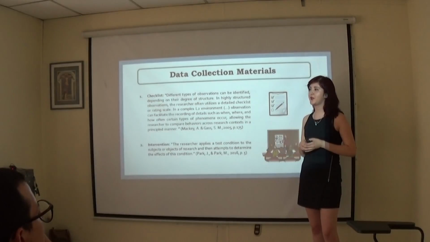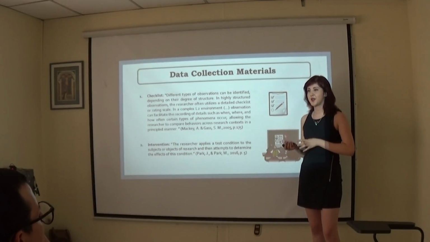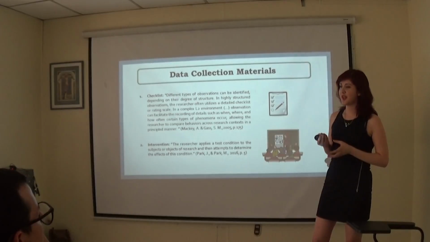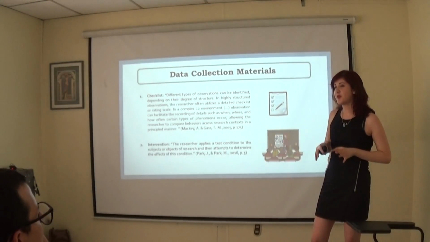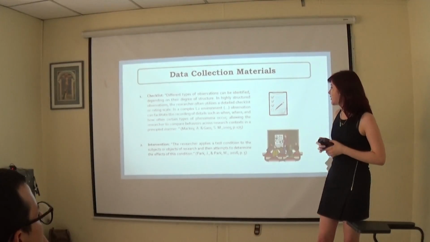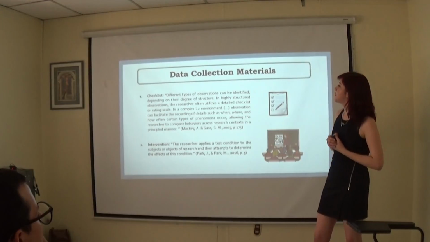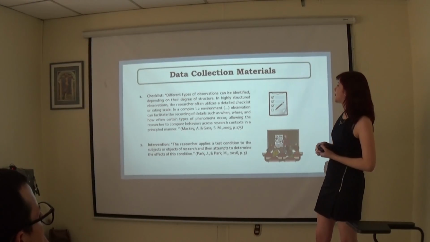The data collection materials. To fulfill the previous objectives that I mentioned, I decided to use checklists because I thought they were a way to get unbiased results, because they are based on numbers. According to Mackey and Gass, different types of observation can be identified depending on their degree of structure.